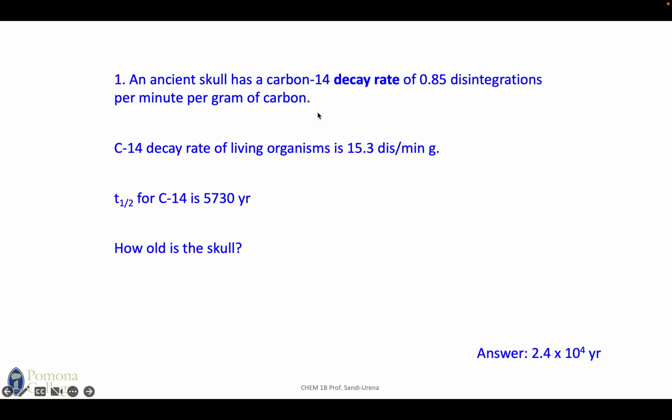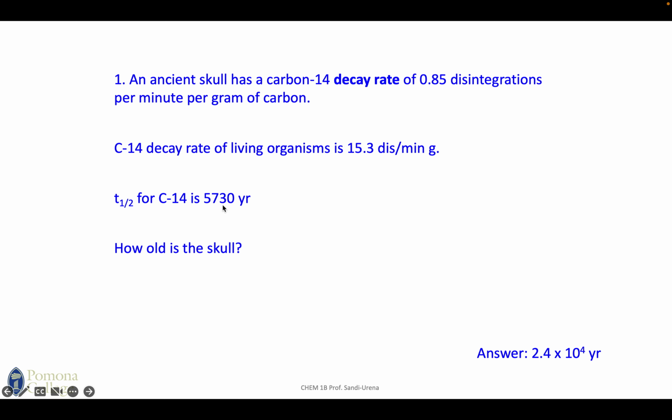Let's say we have a skull and it has a decay rate for carbon-14 that's 0.85 disintegrations per minute. And let's say that the decay in the environment is 15.3, which we said would be a constant throughout history.